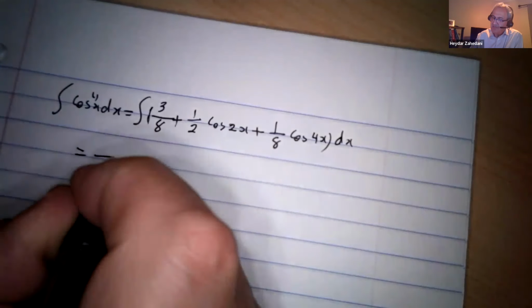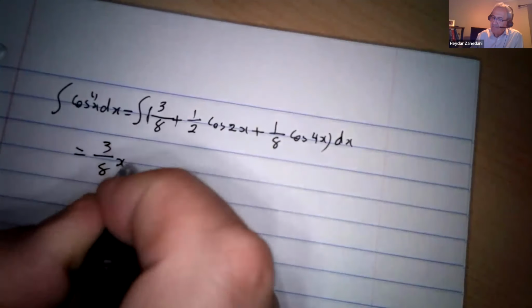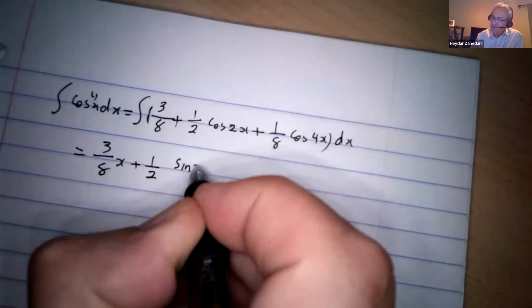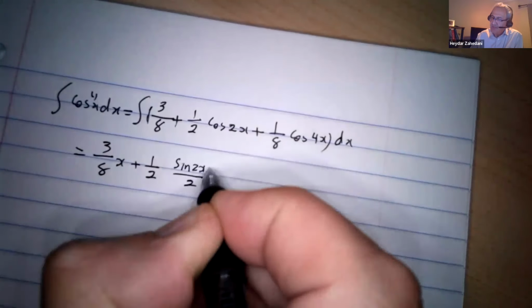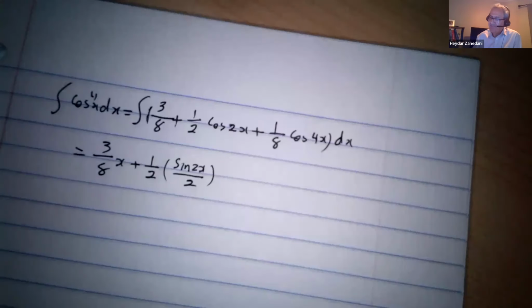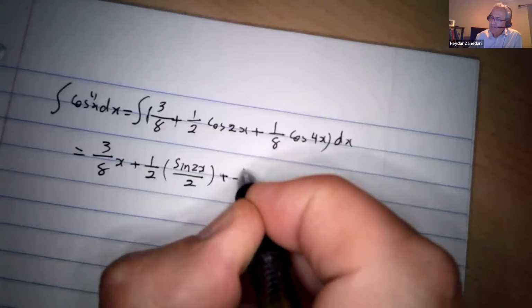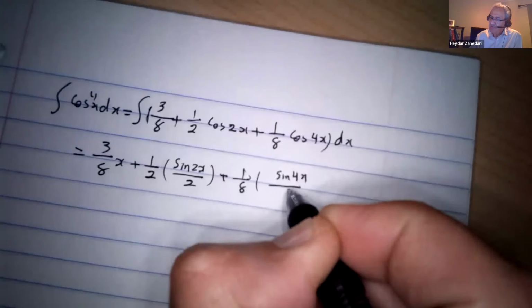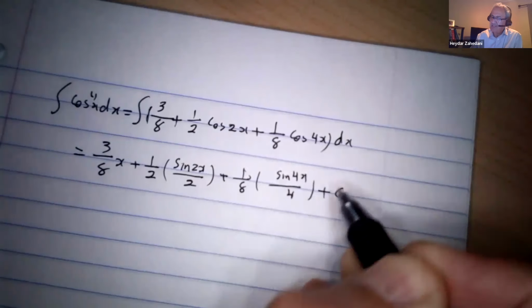So integrating, the integral of the 3/8 would be 3/8 x. This would be 1/2. Integral of a cosine is sine. Sine of the 2x, you have to divide by 2, the u prime. And that would be 1/8 sine of the 4x. You have to divide by 4, the u prime, plus the constant c.